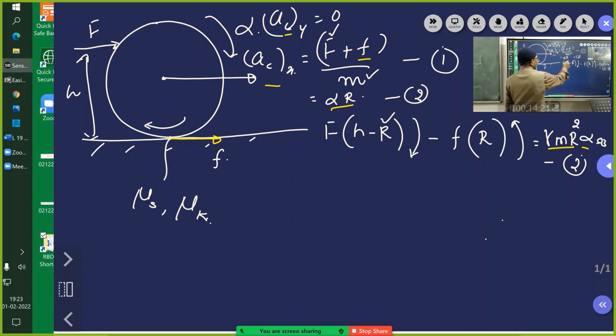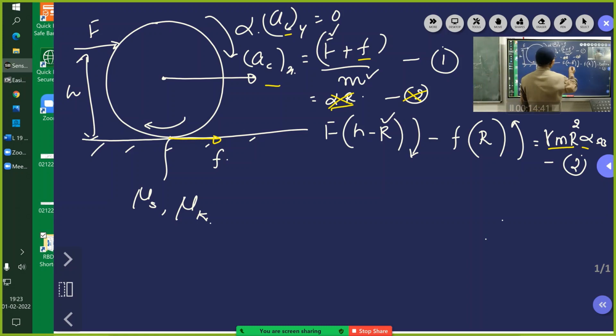We don't know whether it is, so we cannot write this equation. If it is rolling without slipping only, this condition will be there. Otherwise, if the body is getting dragged, this condition cannot be there.